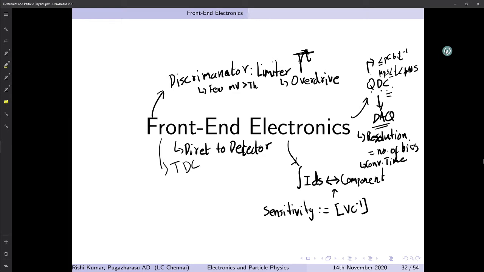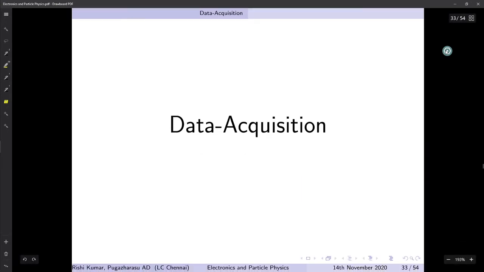Now we'll head to DAQ, which is data acquisition. I'm not going to talk about the very detailed technical aspects of data acquisition because it's a very complicated process. And the reason it's complicated, we'll see when we're talking about trigger circuits, is that at CERN you have 40 million so-called events per second.